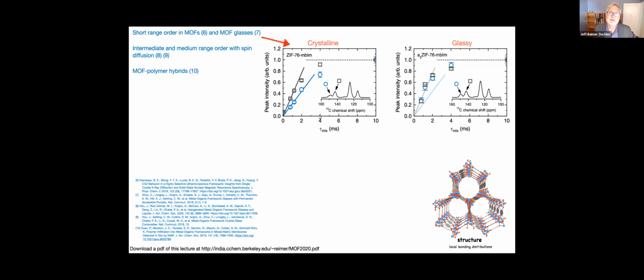And this time is an experimental parameter. And the rate at which they grow is proportional to the spacing between the linkers in the crystalline material. And similarly, you could do exactly the same experiment in a glassy material because NMR does not require a regular crystal structure to get these local short-range orders. And these experiments were conducted and the authors were able to conclude that in both the crystalline and glassy forms of this MOF, the distribution of linkers was random.